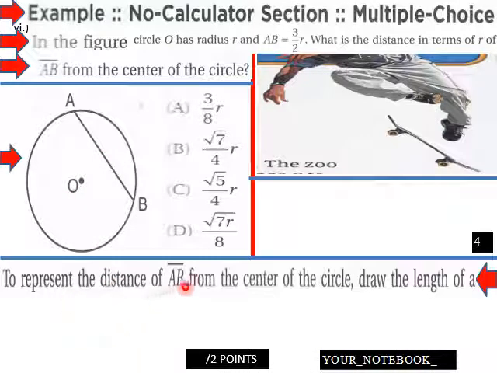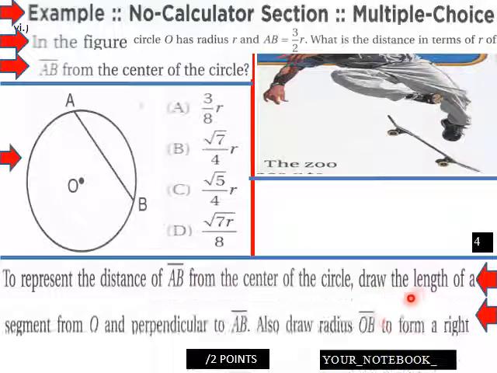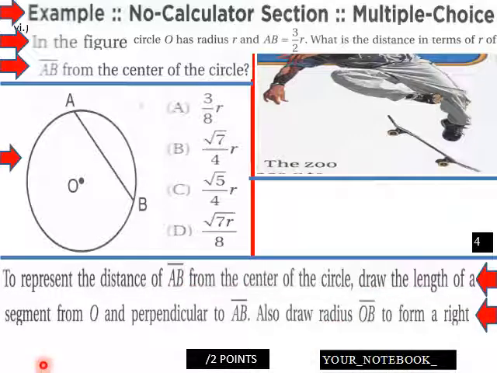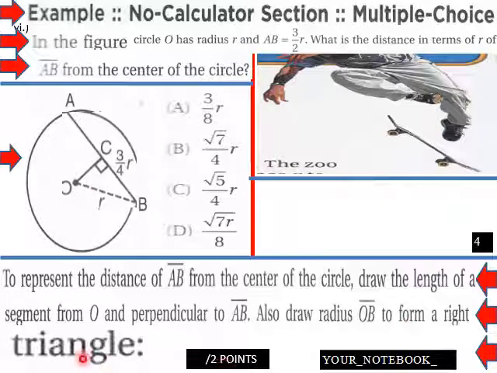To represent the distance of AB from the center of the circle, draw a segment from O, meaning here, perpendicular to AB, which would be here or somewhere there. Also draw radius OB to form a right triangle. There it is.